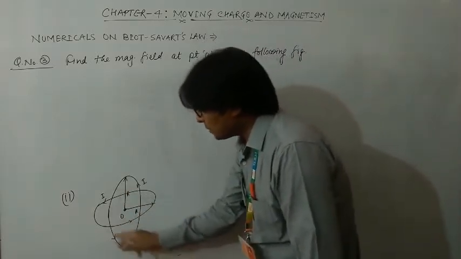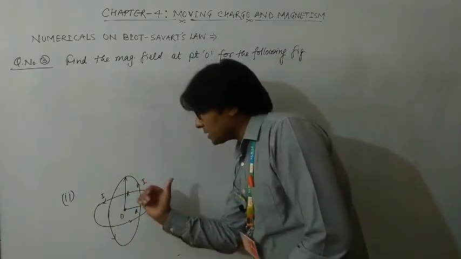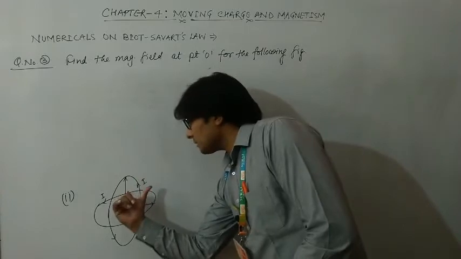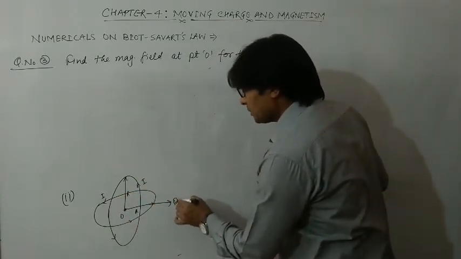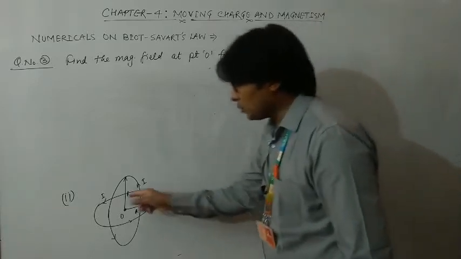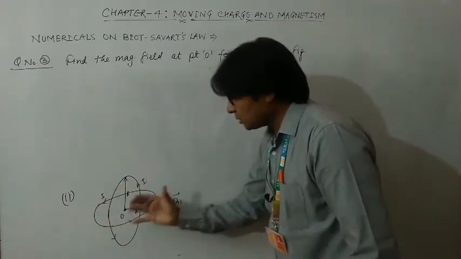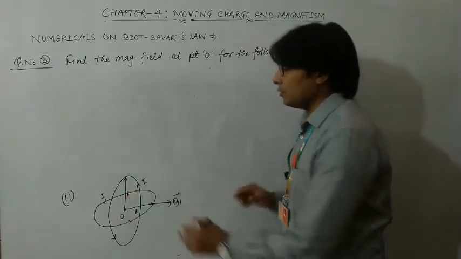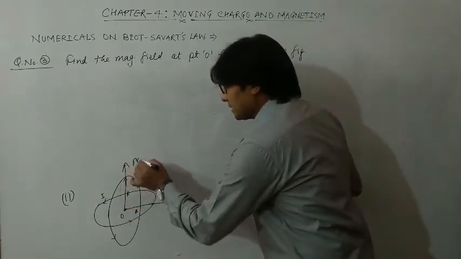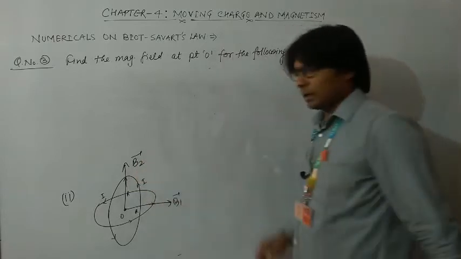Due to this loop, in which the current is flowing in the anti-clockwise direction, the magnetic field will be in this direction, and suppose it is B1 vector. And due to this loop, which is looking horizontal, since the current is anti-clockwise, the direction of the magnetic field will be in this direction, and this is suppose B2 vector.